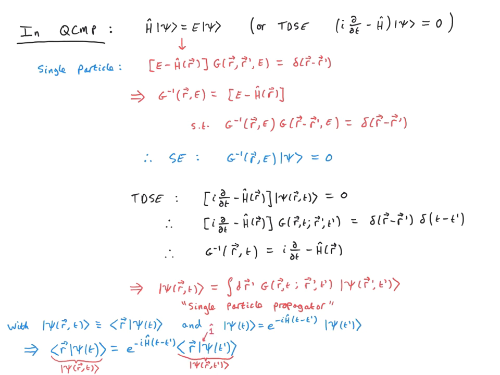I can now insert a complete set of states inside this expression by simply multiplying by the identity operator 1 hat. By resolving the identity operator as an integral over position, we then obtain the following.